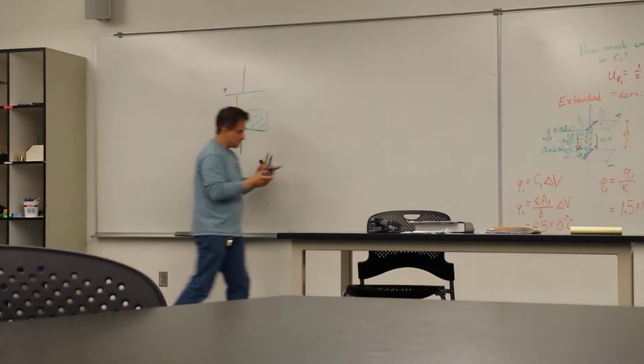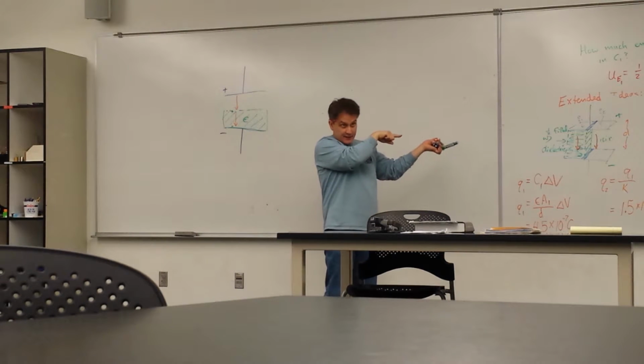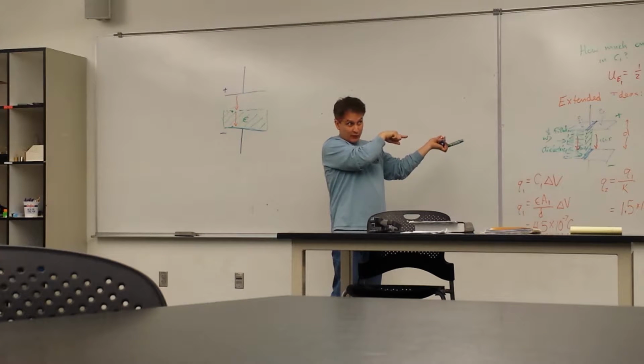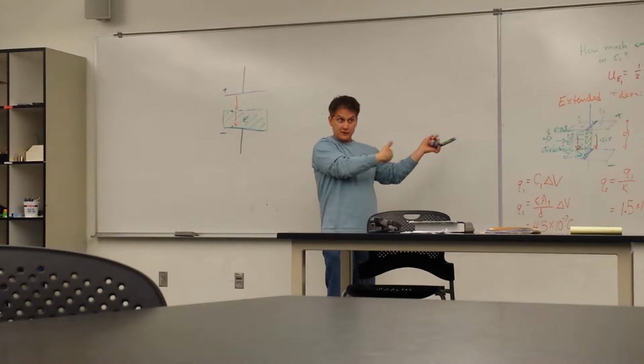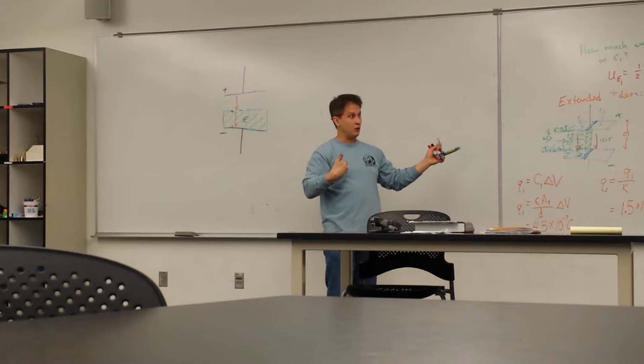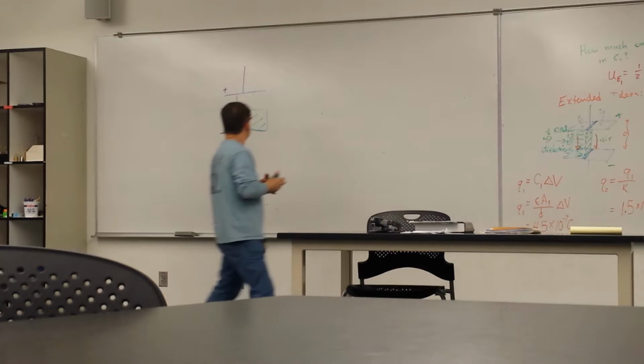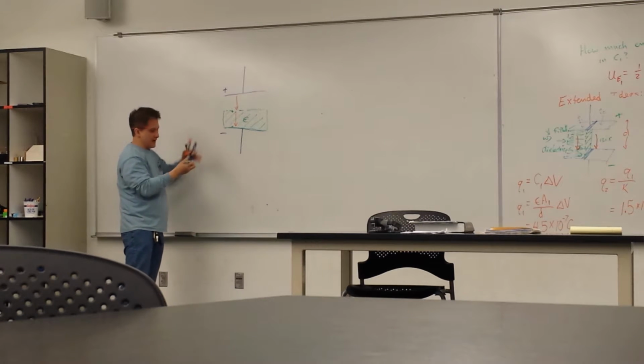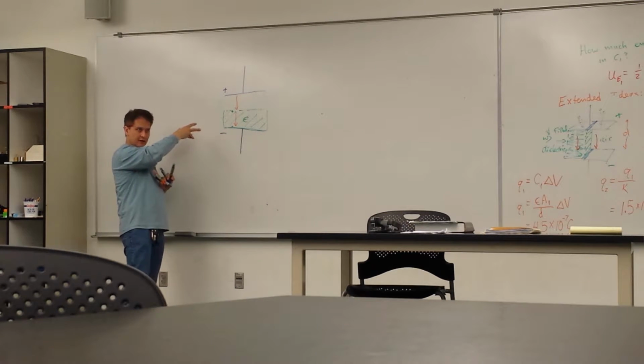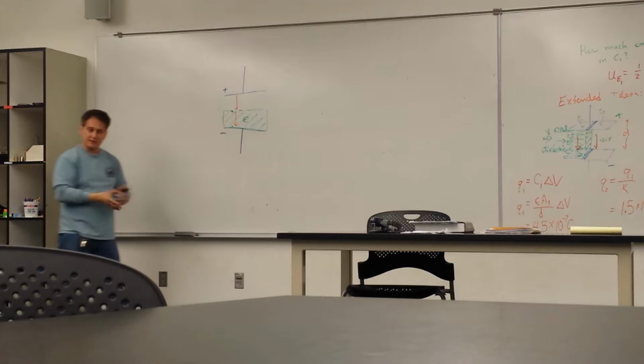To look at it though, I want to separate it and take a step back and look at it the way we looked at the parallel capacitor after we broke it apart. I'm going to start there because it's probably easier to approach it. The problem with doing it this way, as I think about it, is that because the dimensions now of D are going to be different, it's a little bit more tenuous.